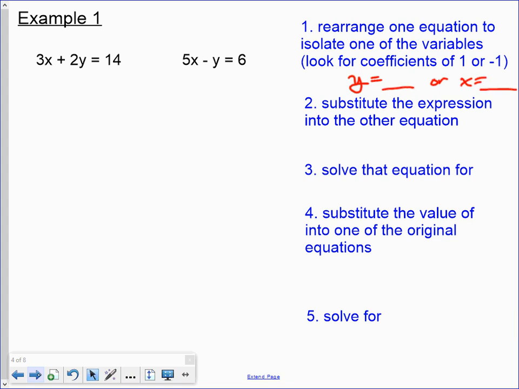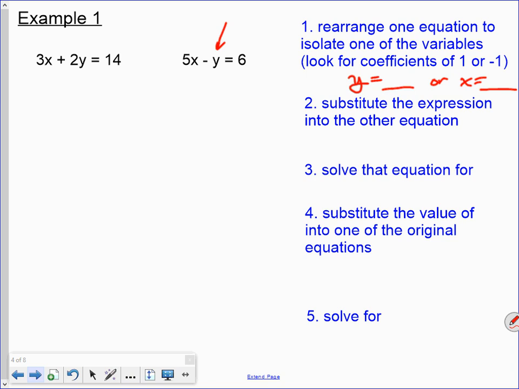And we have a choice in how we do this. We can do this either with our first equation or our second equation, and we can either isolate x or y. So we look for the one that is going to make it easy, all right? And I said here, look for coefficients of 1 or negative 1. So I think with these two equations, we're going to focus in on trying to isolate this y here, because we can isolate this y without having to do any division, right?